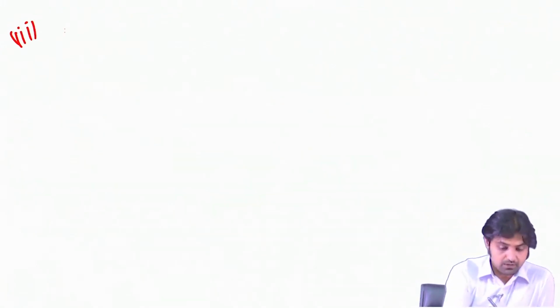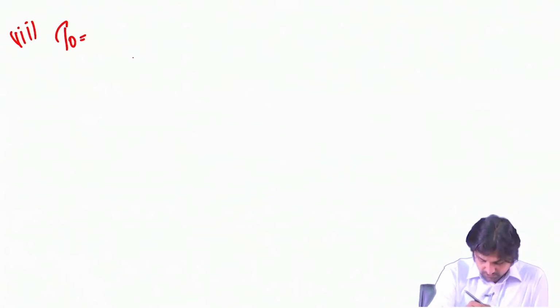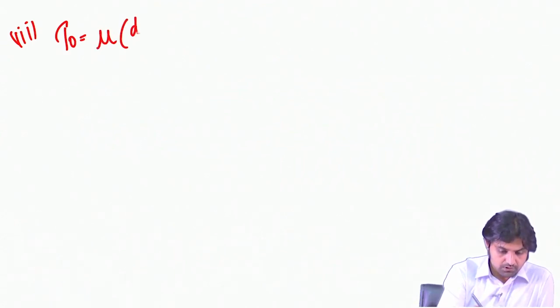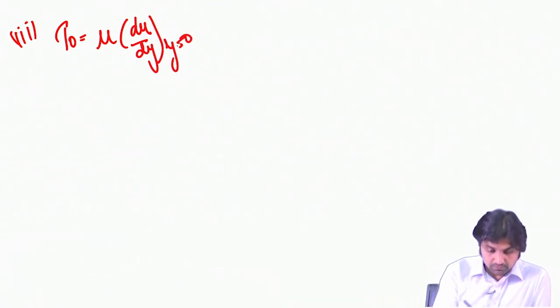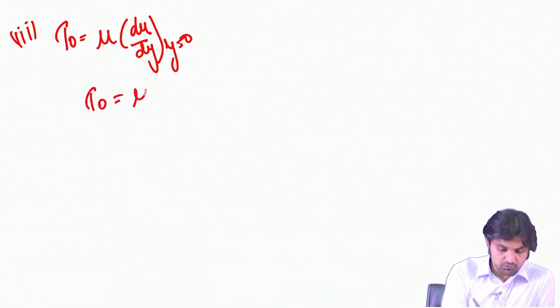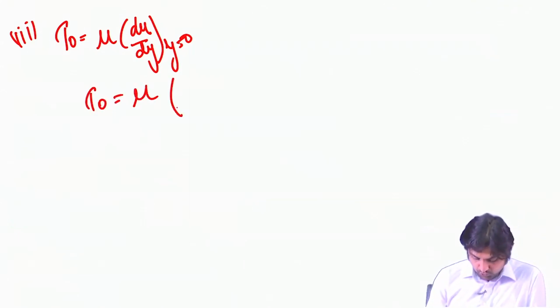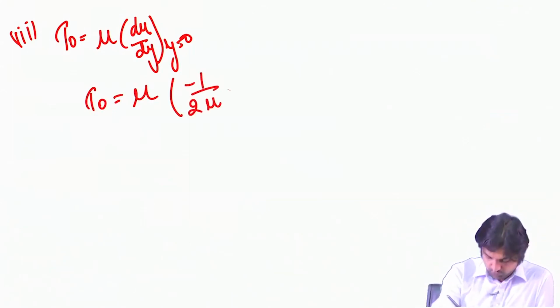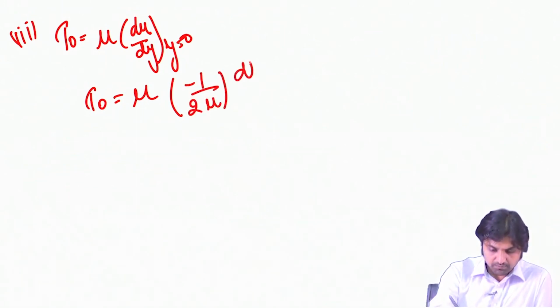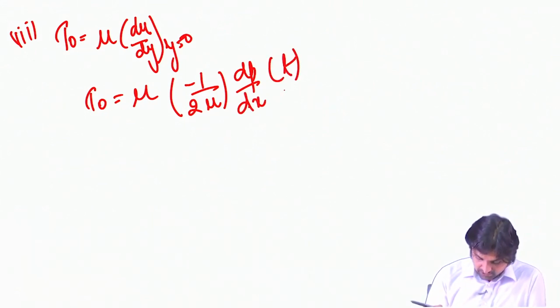I will erase all the ink on the slide, and the third part is tau naught is equal to mu du dy at y is equal to 0, right. So tau naught is mu du dy, we know u, so we can differentiate that and obtain minus 1 by 2 mu dp dx into t, right.